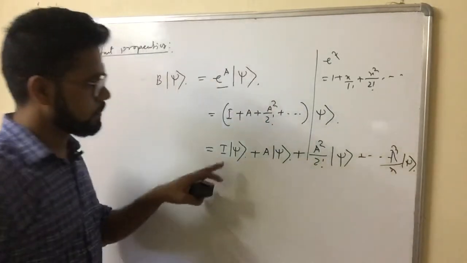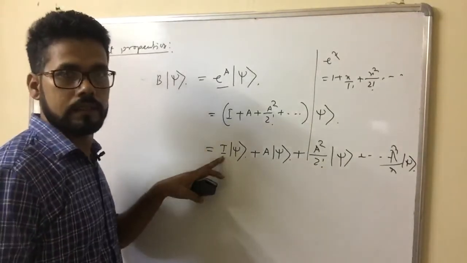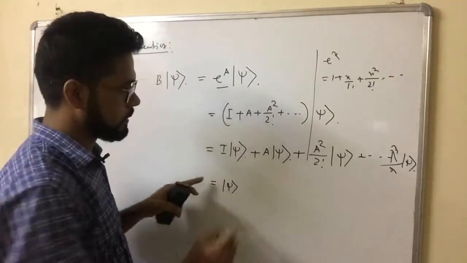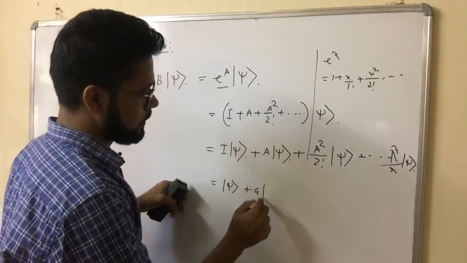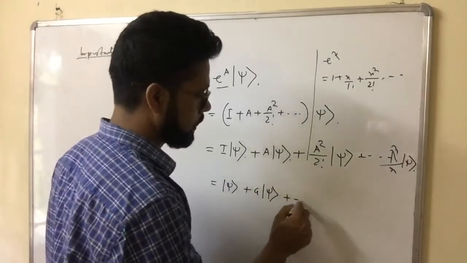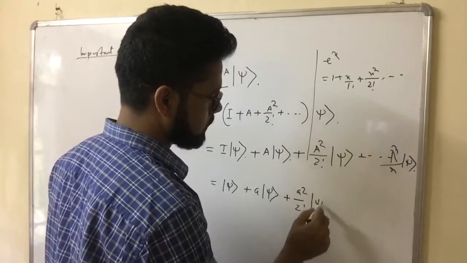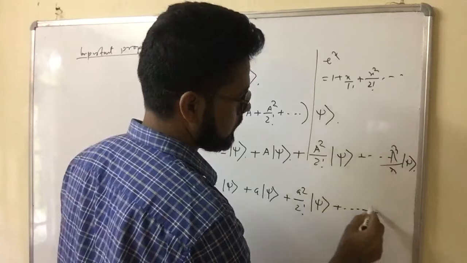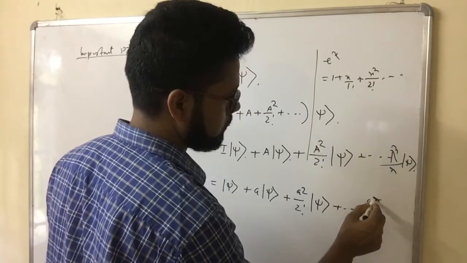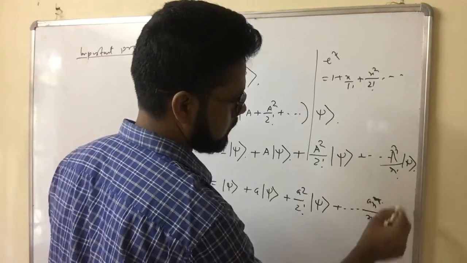Now this first term is nothing but the unit operator I; it will remain phi vector, the eigenvector, with eigenvalue 1. Then the next will give a operator acting, where a is the eigenvalue of the operator. Then it will be a squared by factorial 2 phi vector, and then a to the power n by n factorial.